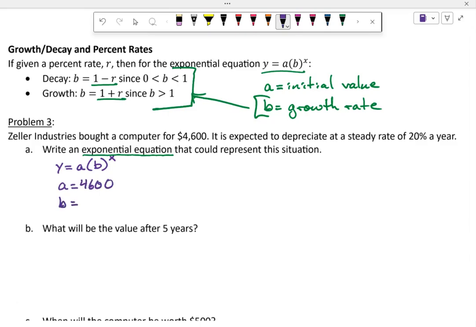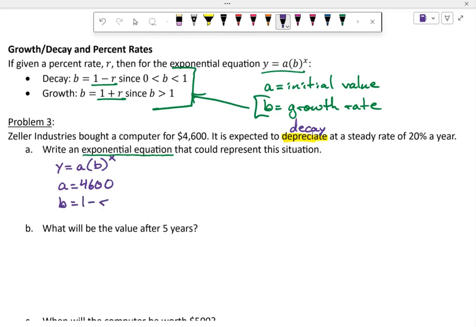Our b, well, before we get to our b, we need to determine, is this growth or decay? What kind do we have? Why? How do we know? That word depreciate indicates decay. So which formula for b are we going to use? 1 minus r or 1 plus r? The 1 minus r.